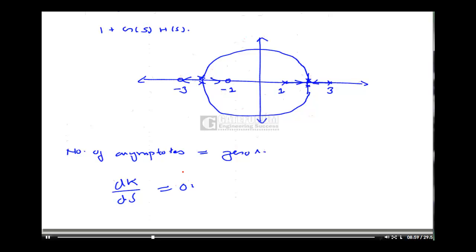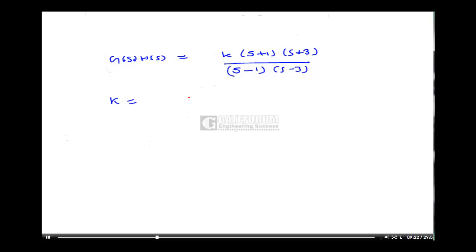I have GSHS equal to k times (s plus 1)(s plus 3) upon (s minus 1)(s minus 3). So k equals minus (s minus 1)(s minus 3) upon (s plus 1)(s plus 3).